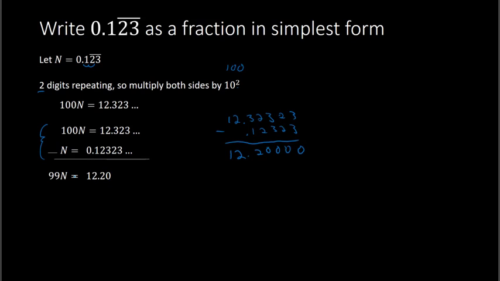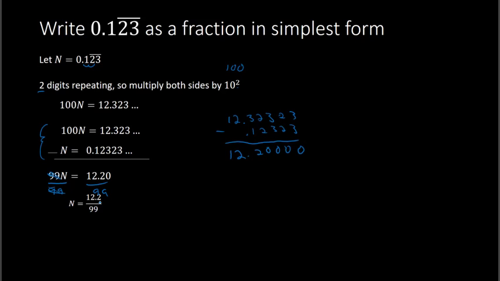Alright, so from here, I can solve this equation. So 99 times n equals 12.20. To solve, I can divide both sides by 99. When I divide, on the left side the 99's cancel, and on the right side I have 12.20 divided by 99. So 12.2 divided by 99, we could multiply the top and the bottom by 10 to get rid of that decimal.